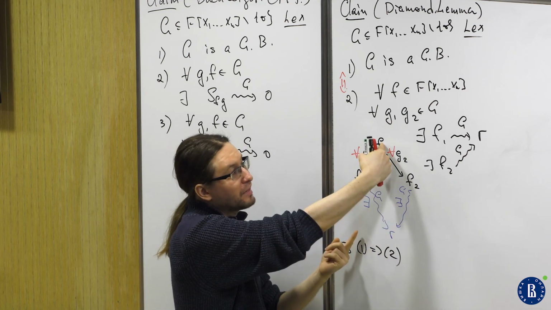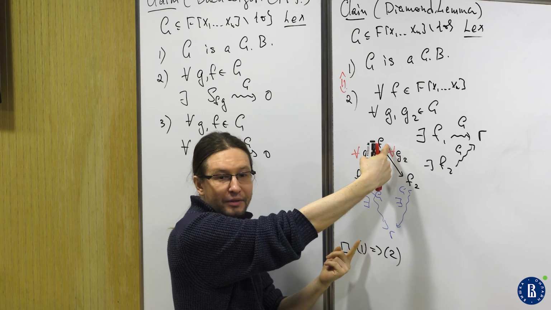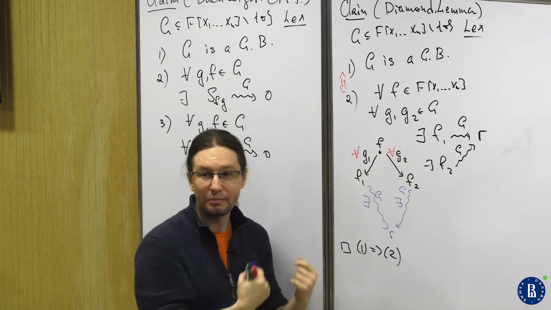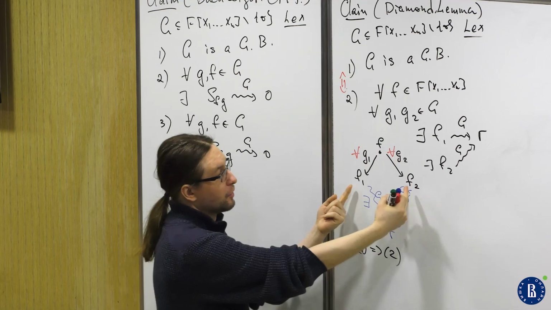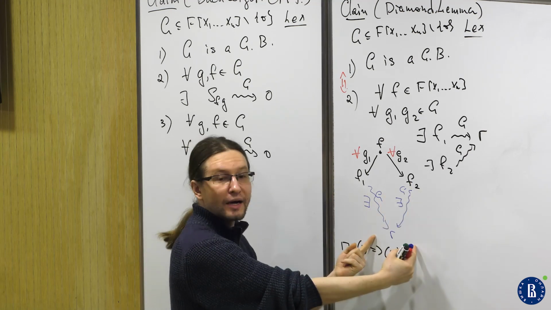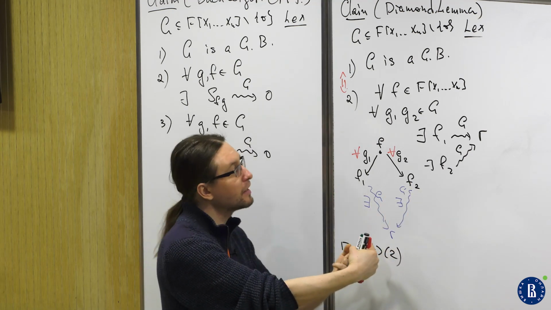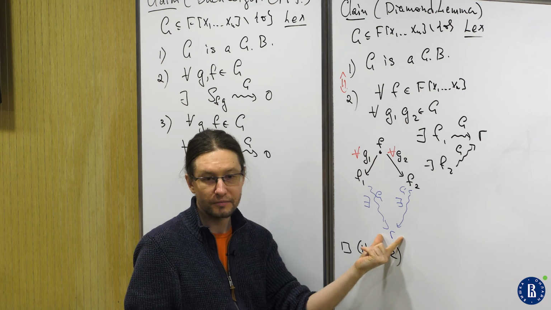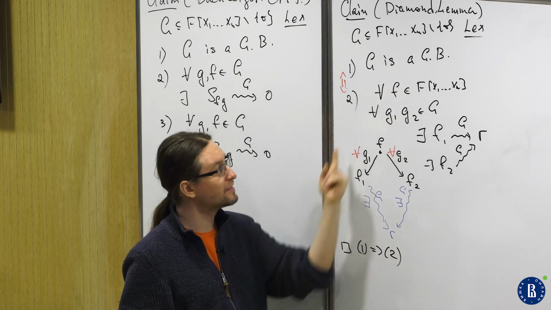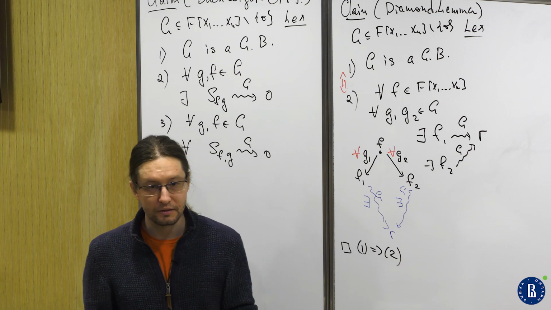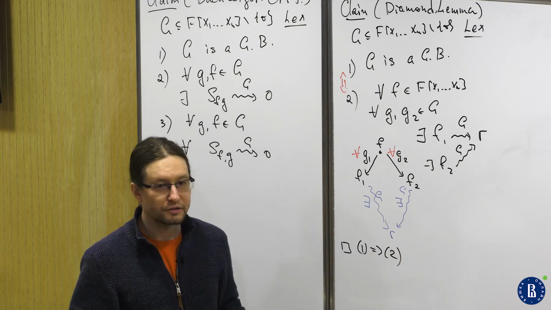Why? Because they will be remainders of the same polynomial f. Since every polynomial f has a unique remainder, the reductions of these two must automatically lead to the same polynomial. So that's why if G is a Gröbner basis, the diamond lemma holds for a trivial reason.